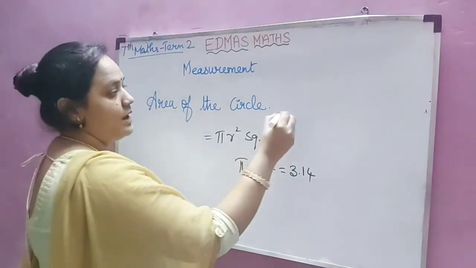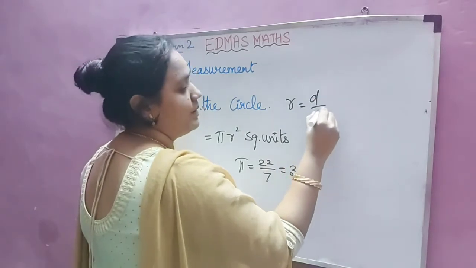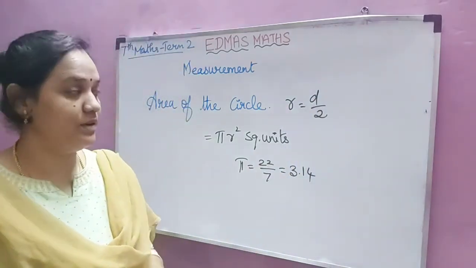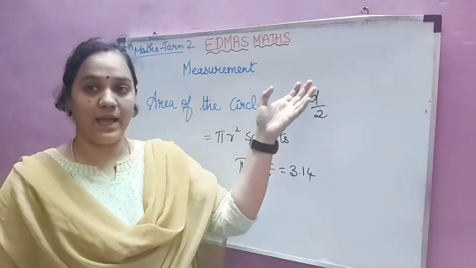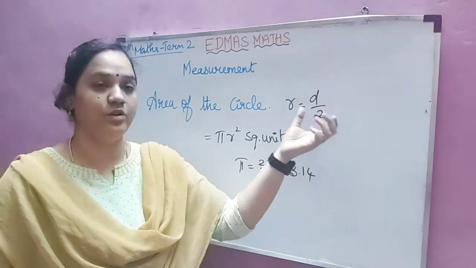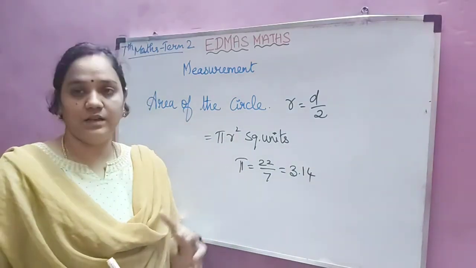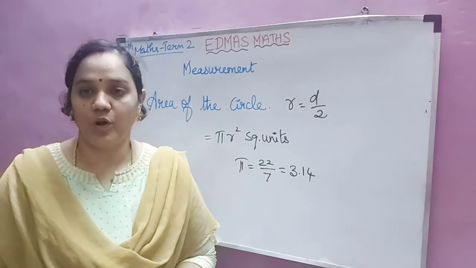Already we know that radius is equal to diameter by 2. We learned this formula already. So if the diameter is given, we convert it to radius and then find the area of the circle. Is it clear? Shall we move on to the problems?